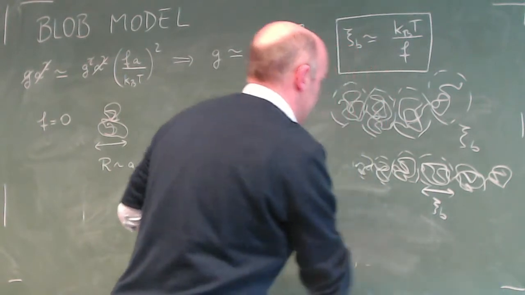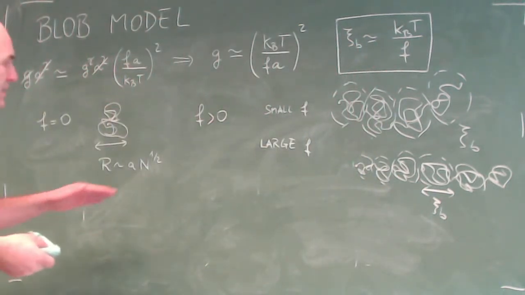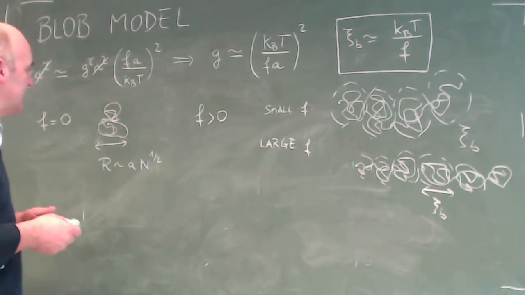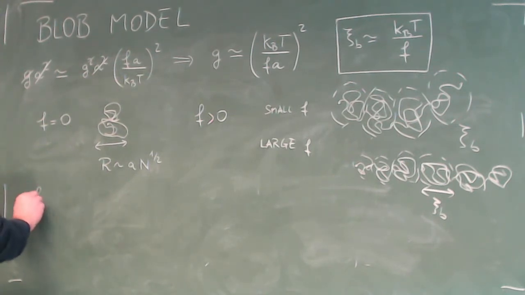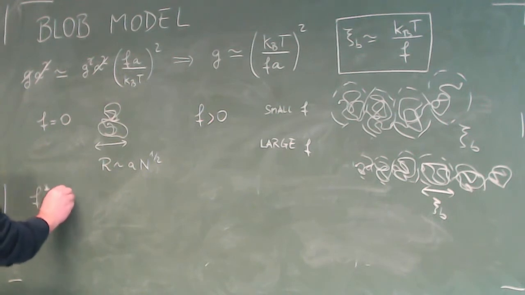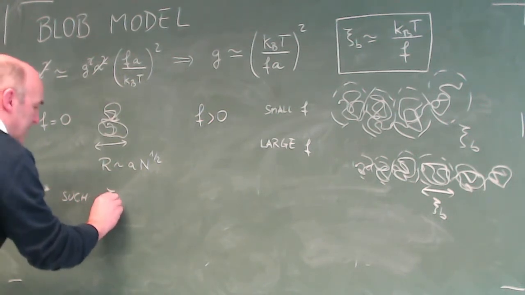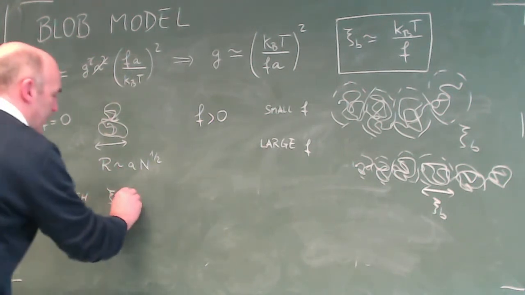So one can ask, what is the force that gives me a blob of the same size of an ideal polymer? So I ask, what is the force, F star, the force such that the blob size is actually the same size of the ideal polymer.